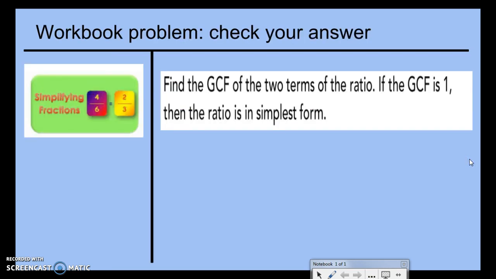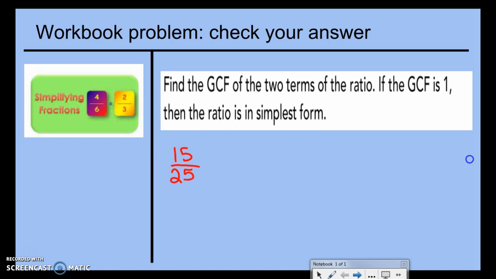Alright, if you kind of got stuck and you weren't quite sure how to make something in its simplest form, I want you to put this right here in your own words. What you need to do is find the greatest common factor of the 2 terms of the ratio. Now stop for a second. What if our ratio was 15 to 25?